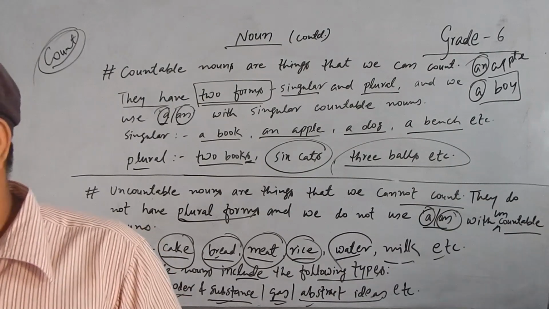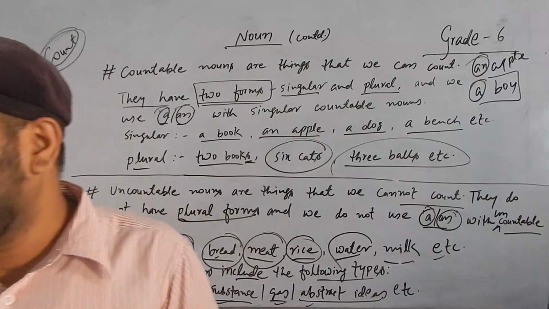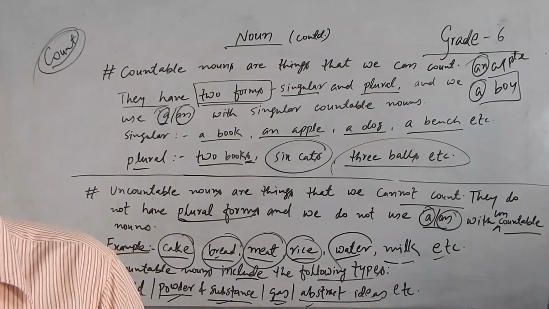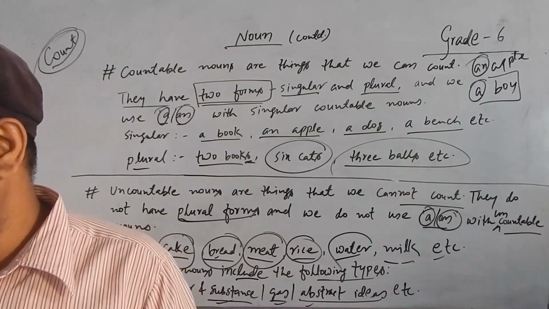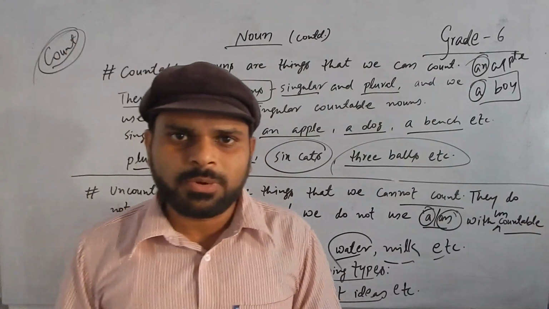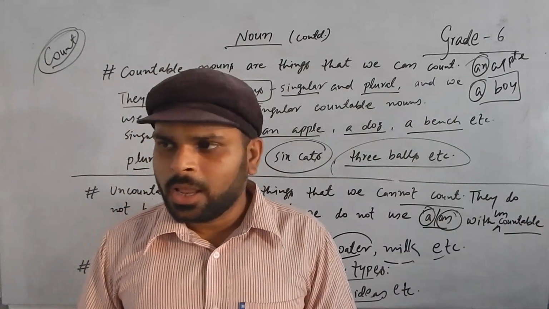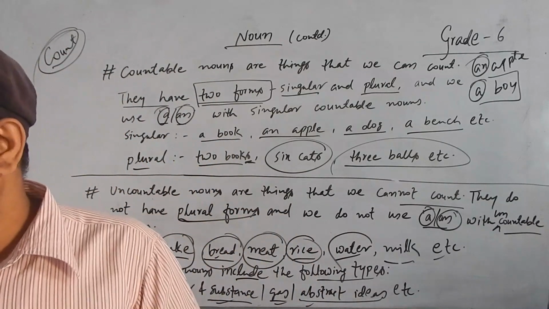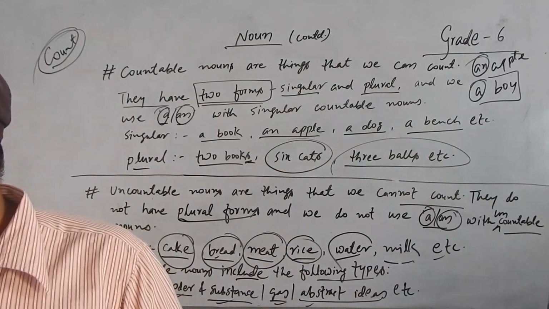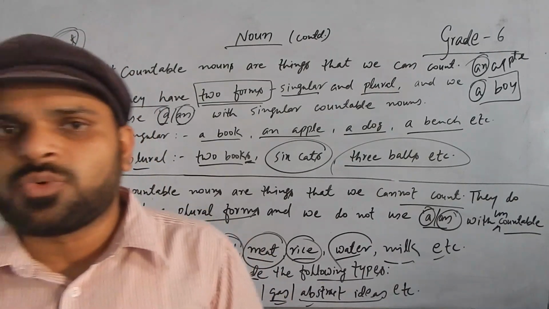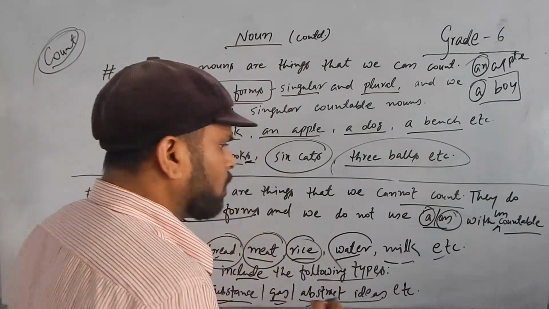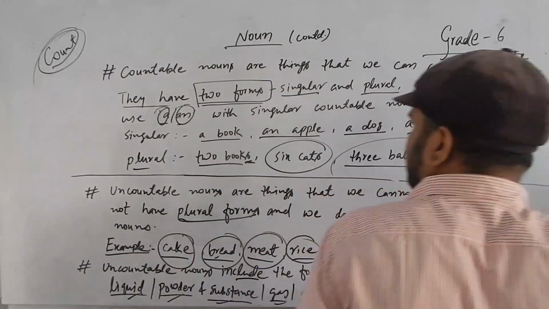If you see your book's page number 8, you will see that there are some questions based upon the countable and uncountable exercise. Page number 8. Is the word newspaper singular or plural?